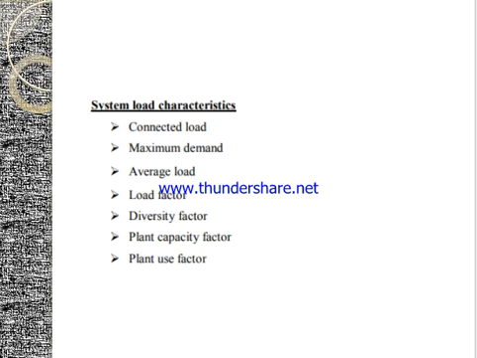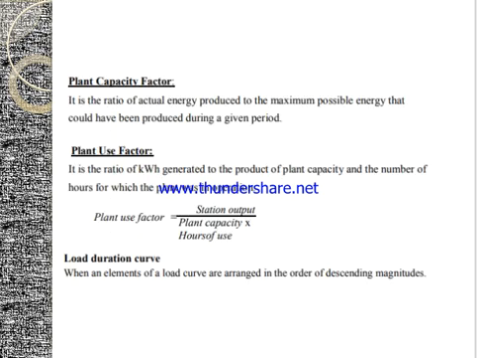All these characteristics have an individual definition of themselves, defining the perfect operation of the electric power system. So what is the plant capacity factor? It is the ratio of actual energy being produced to the maximum possible energy that could have been produced during a given period.